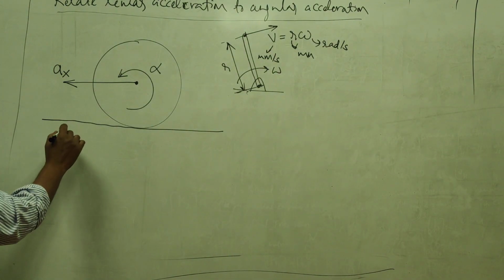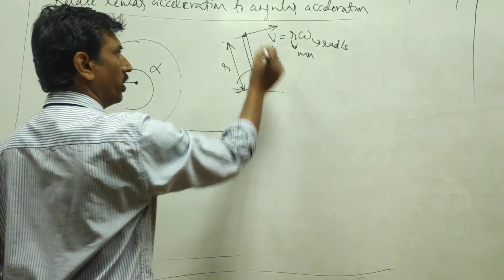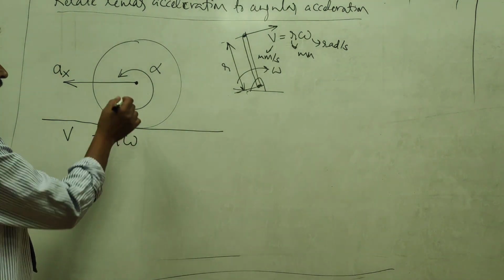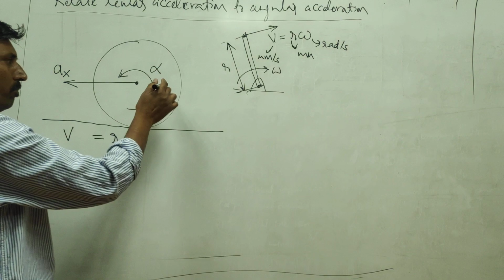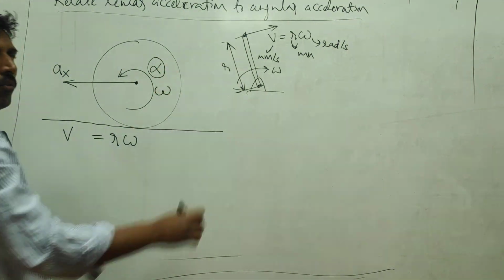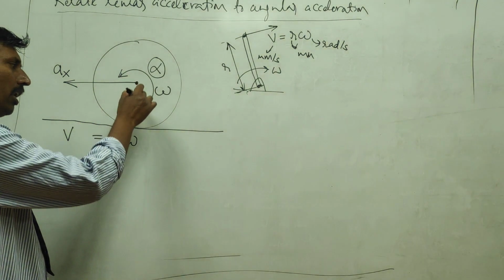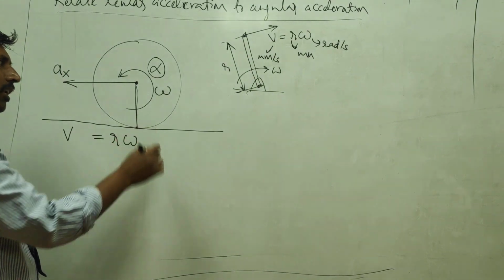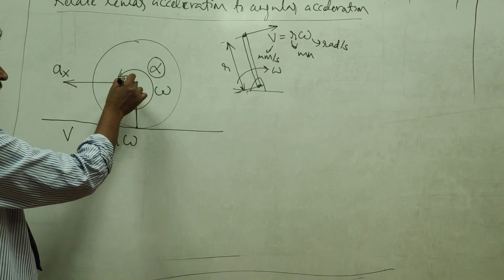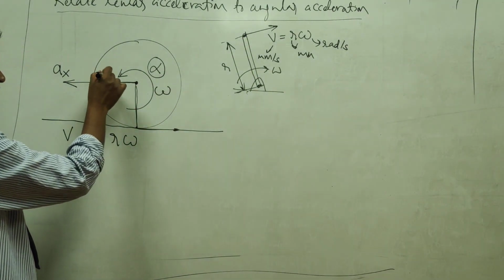We again use the same equation, v is equal to r omega, where v is the linear velocity of this point. Before the acceleration, let us also consider there is an angular velocity, and if this is again like a link rotating at an angular velocity omega, then it will have a velocity v either here or here.